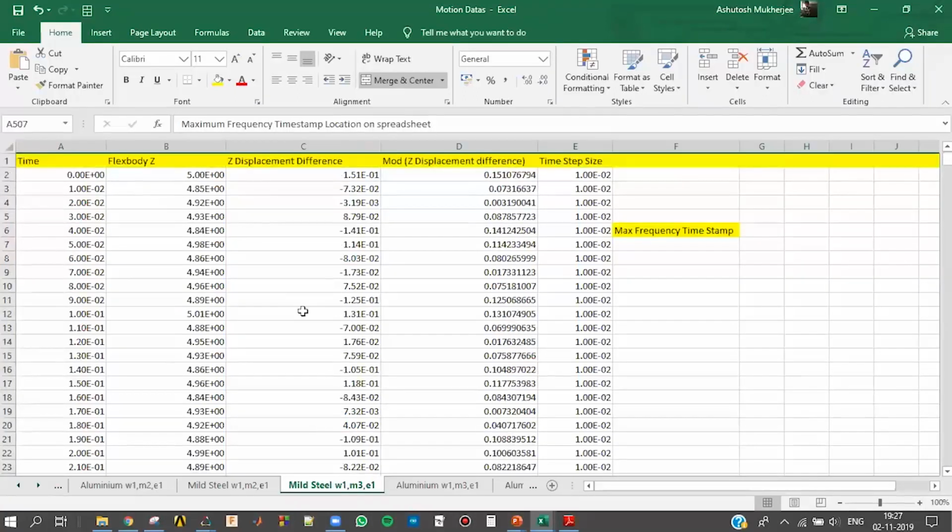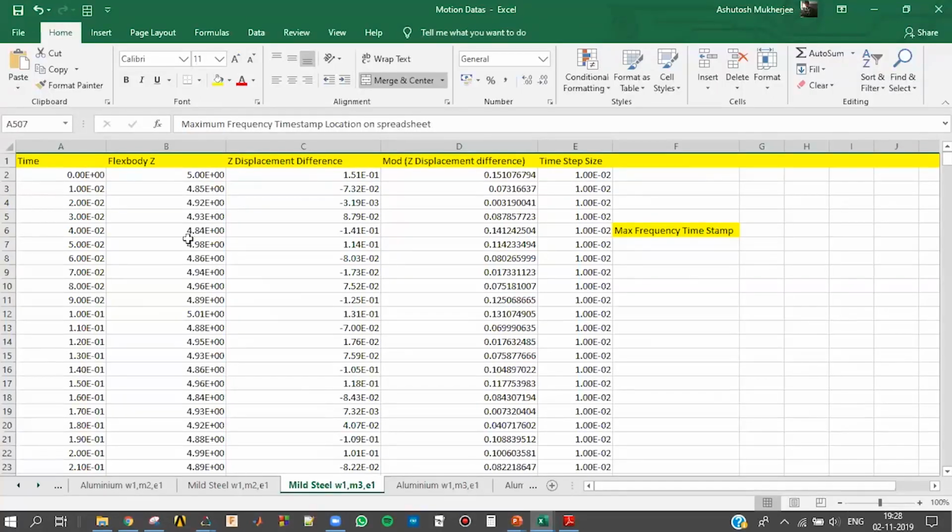To calculate the maximum amplitude, what I've done is I've taken the maximum value and the minimum value in this data, and I have taken half of those values. So basically, the maximum value plus the minimum value.